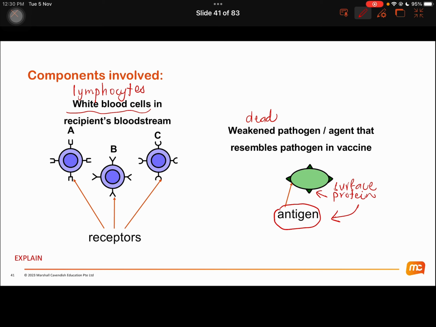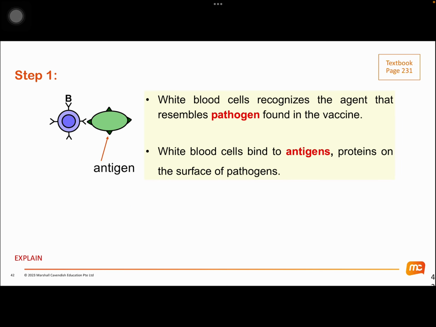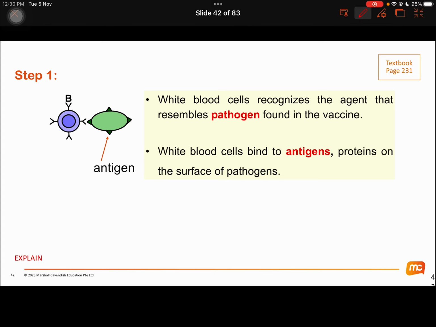So let's take a look at it step by step. Step number one, when you receive the vaccination, the white blood cells in your body will recognize the agent that resembles the pathogen. Your white blood cells have sensors that will bind to the antigen. When it binds to the antigen, it will trigger a series of reactions.